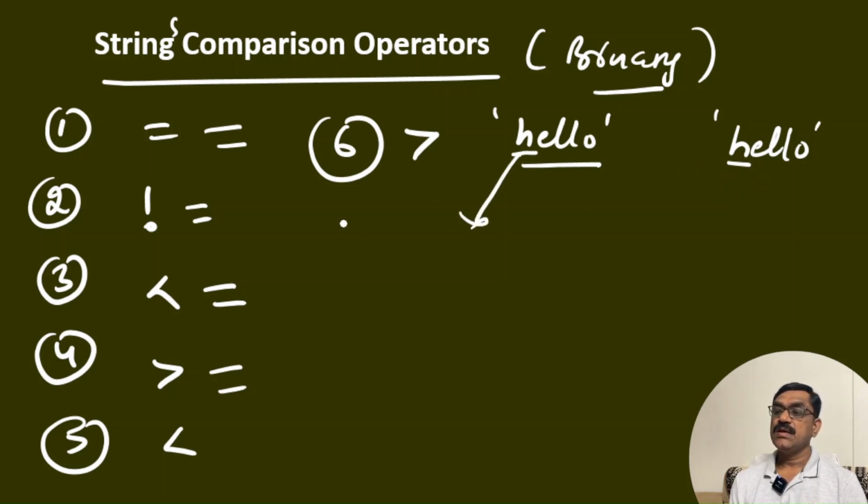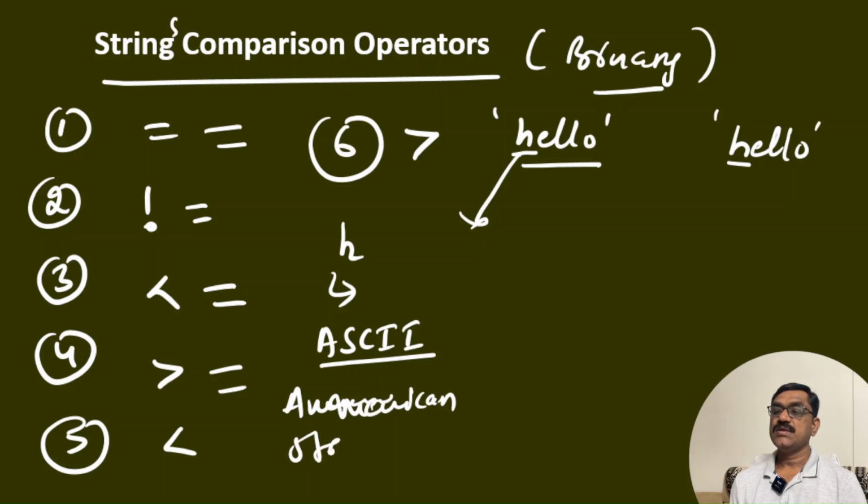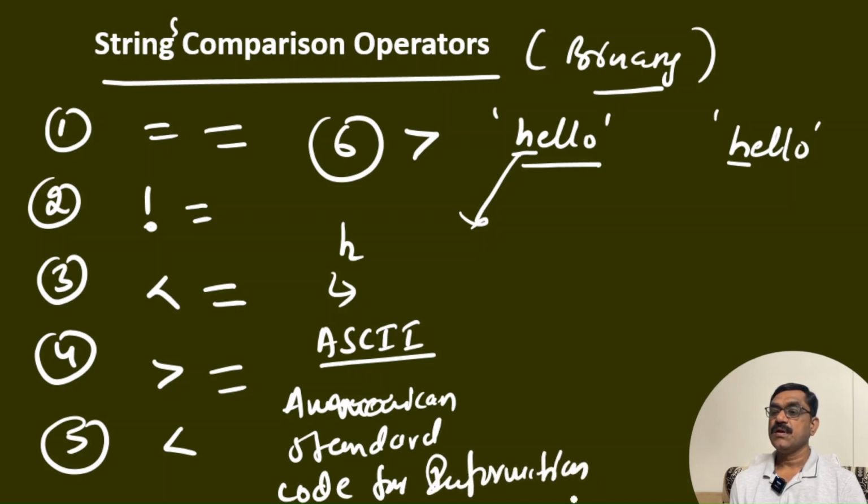When you take H, it internally takes the ASCII value. The comparison is done based on ASCII values. ASCII stands for American Standard Code for Information Interchange.